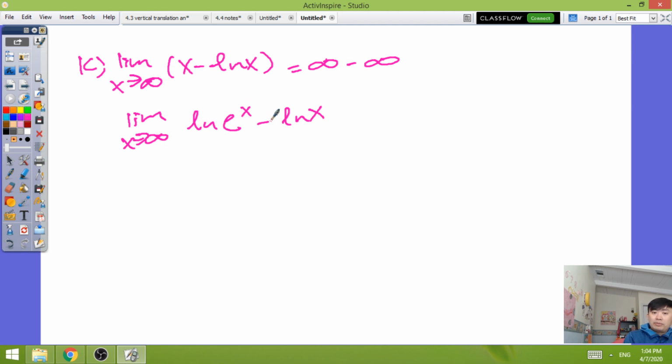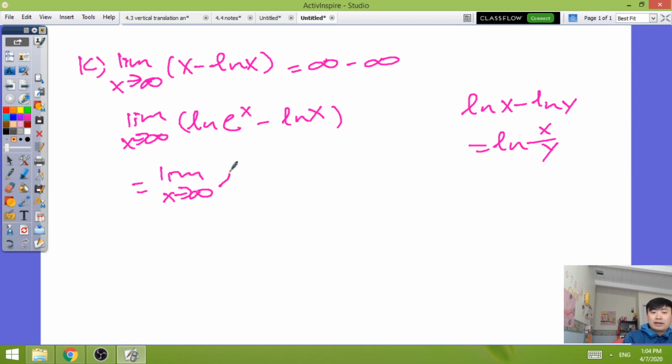Now, back to the properties of natural log, we can condense this. Remember that natural log of x minus natural log of y can be condensed into natural log of x over y. So this can be written as the limit as x approaches infinity of natural log of e to the power of x over x.